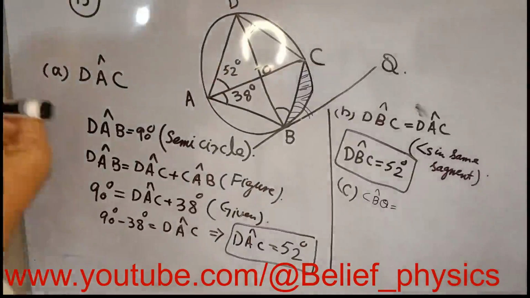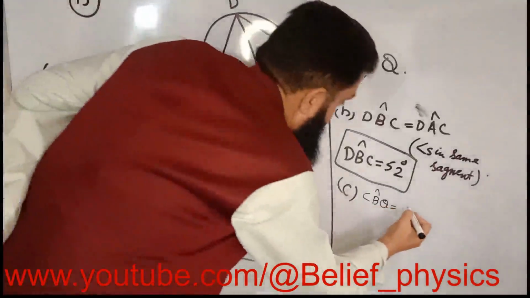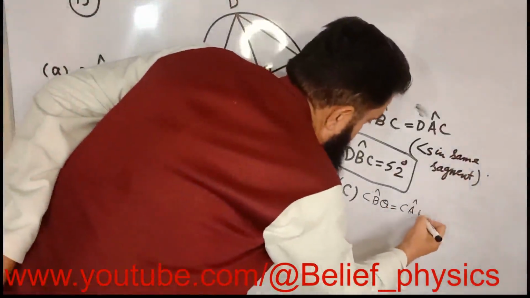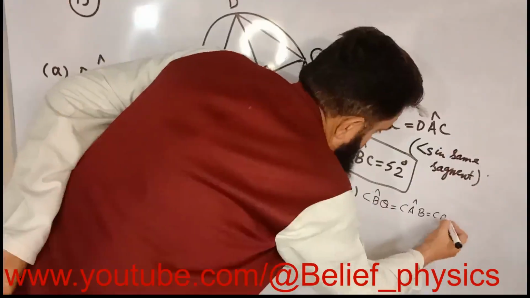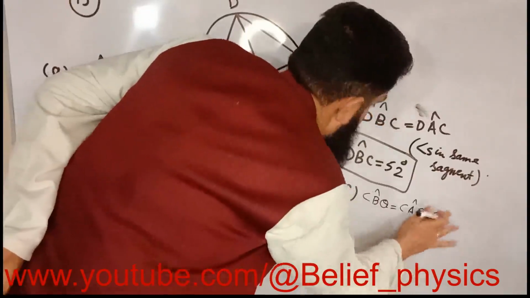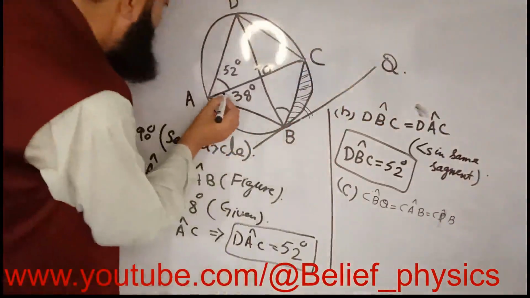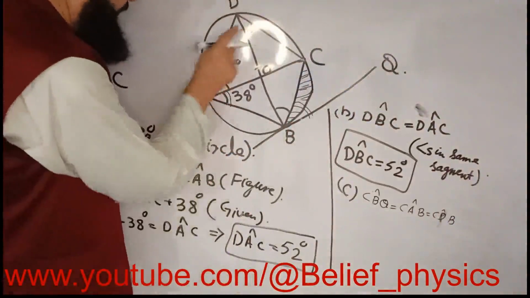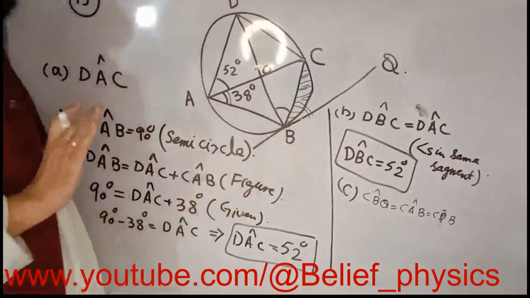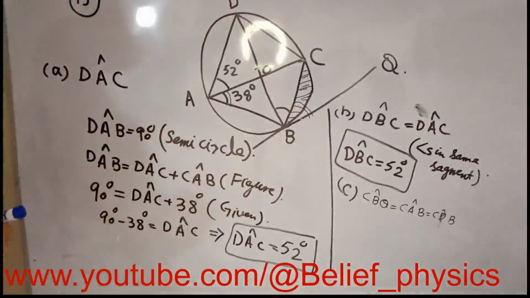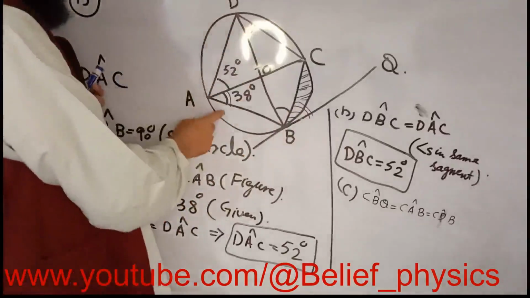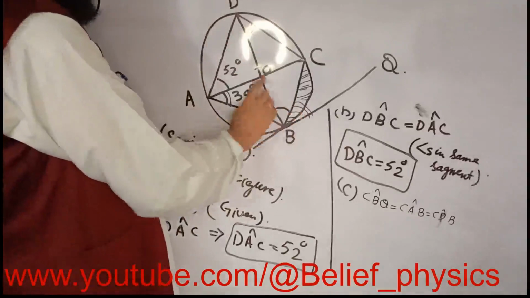CAB is equal to CDB. These two are angles in the same segment, and this is the same angle in the alternate segment.